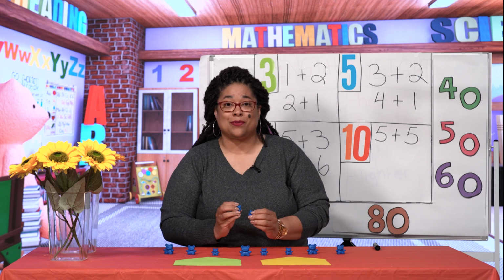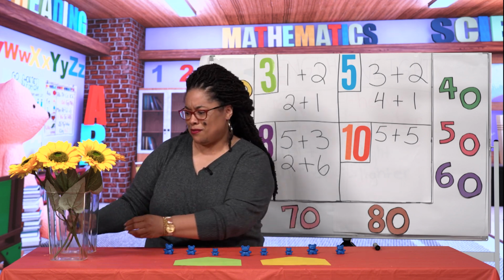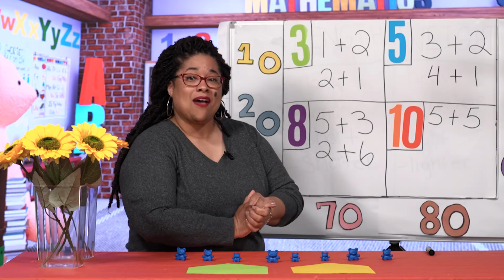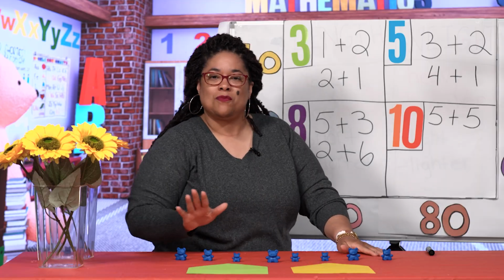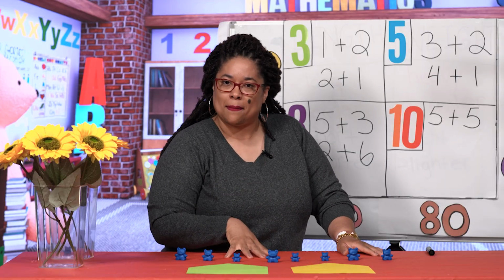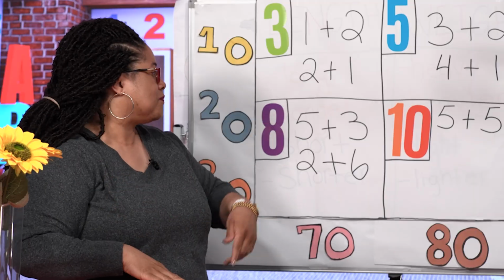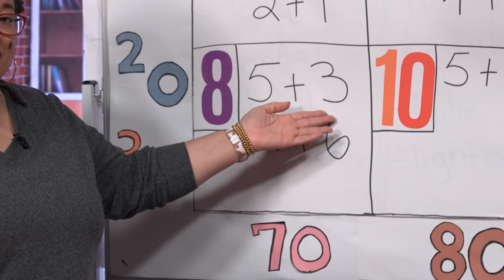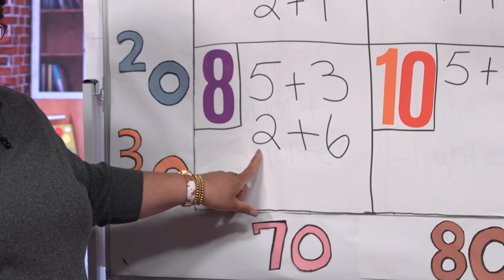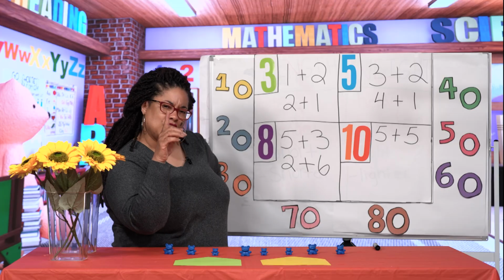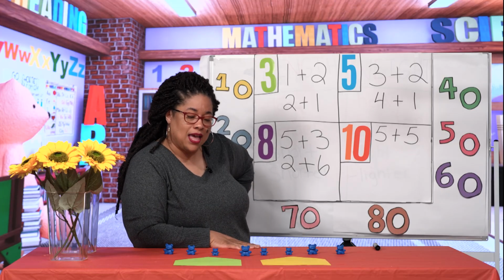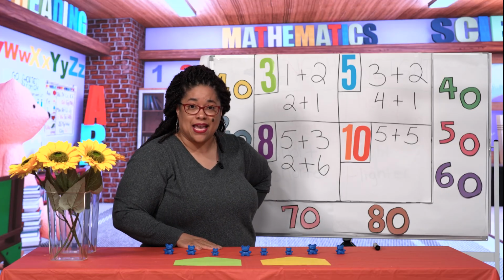Now these little guys, we're gonna put them to bed. They shouldn't be out partying anyway. Okay, so now that we have 8, what are some ways that we can break this number up? Now I have given you some hints already. We have 5 and 3, and we have 2 and 6. Can you come up with another way that we can break up the number 8?